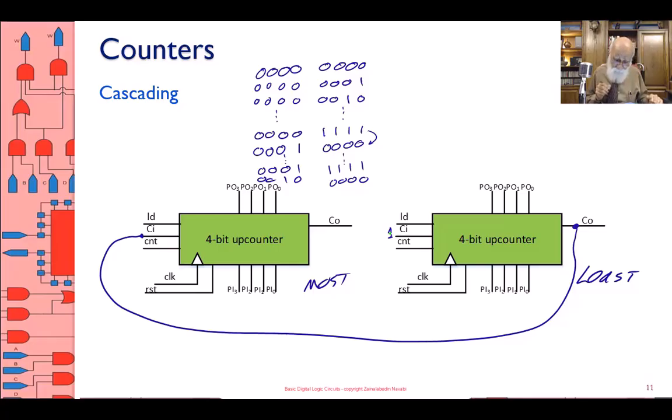Okay? What do I do with the clock and reset? This is what I usually do: I connect the clock of the two together, and the reset of the two together, without usually even talking about it.